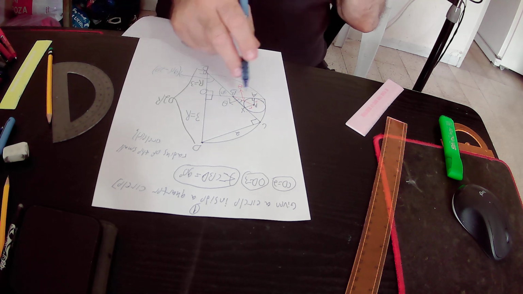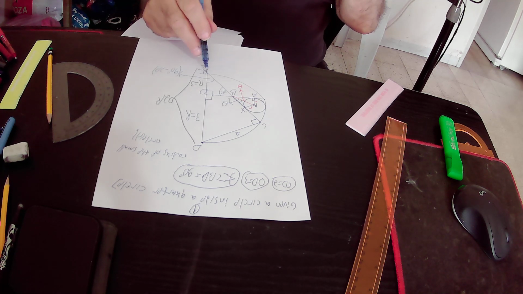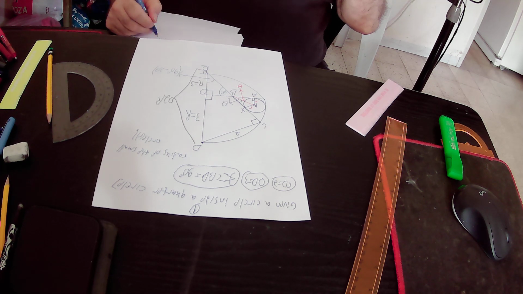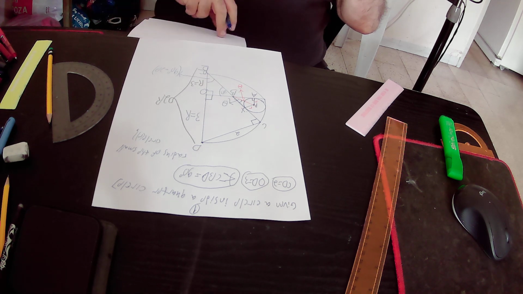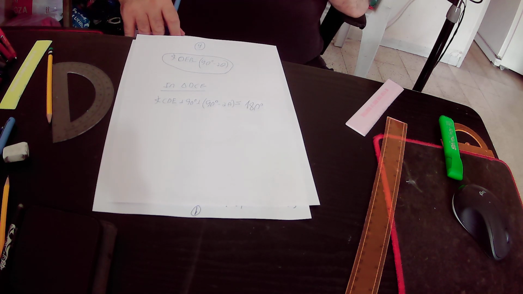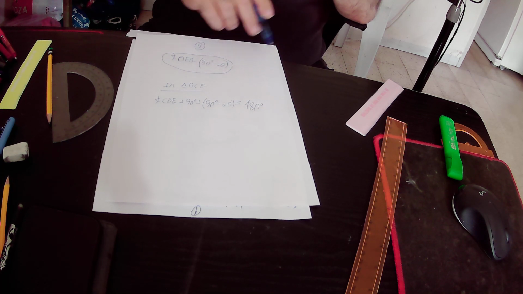That is to say, angle CDE plus this angle that equals 90 degrees plus this angle OEB that equals 90 degrees minus 2 theta, in total must be equal to 180 degrees.